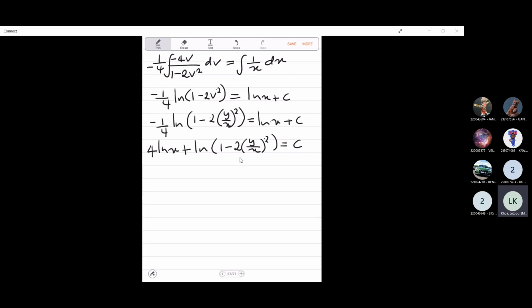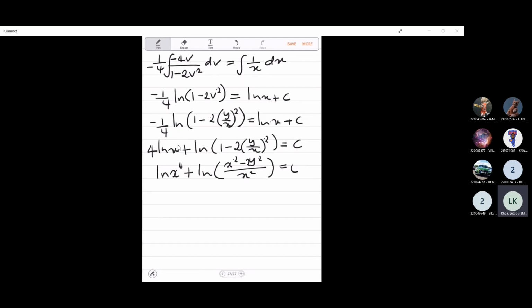And then you can combine these two logarithms, right? x to the power of 4. So we have ln x to the power of 4, and then ln of 1 minus 2y squared over x squared, and just write this x squared minus 2y squared over x squared is equal to c.